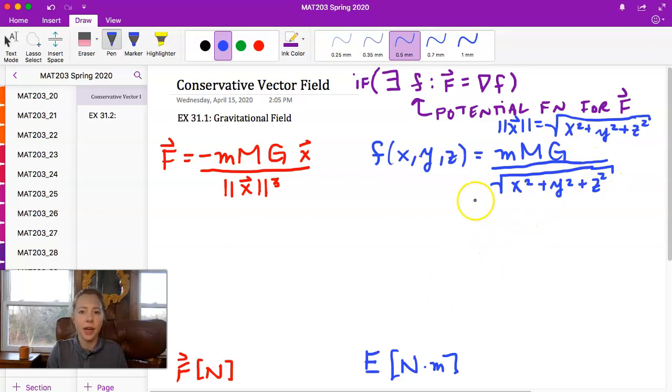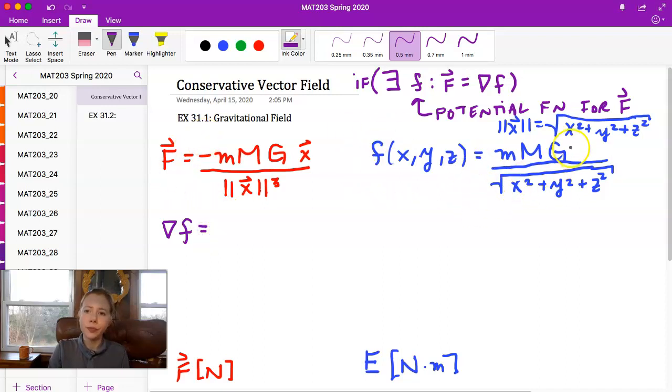Well, this comes out as Newton meters, or energy, which is joules, and this would come out as newtons. So aside from dimensional analysis, and I'm not going to go through that whole piece right here, what I want to do is take the gradient of our potential function. And the gradient of our potential function is going to be the following.